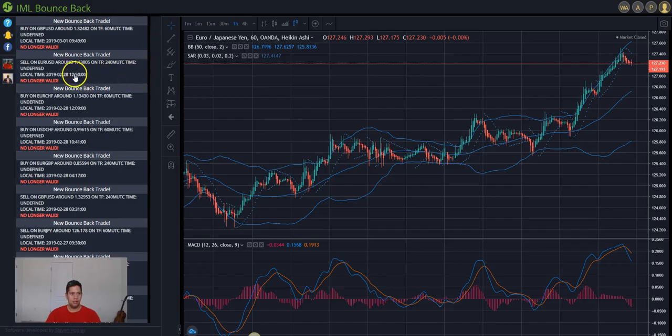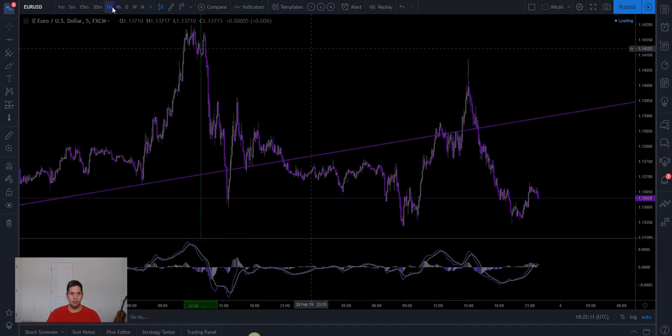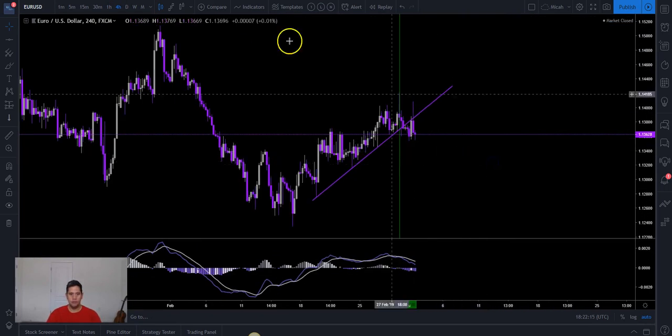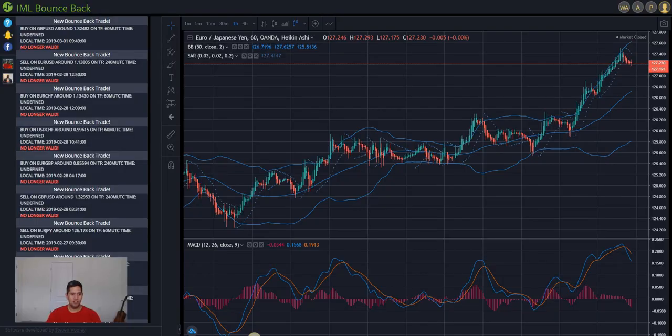Okay, next trade, Euro USD for the sell on the 28th on the 4-hour time frame. The alert came out at 12:50.